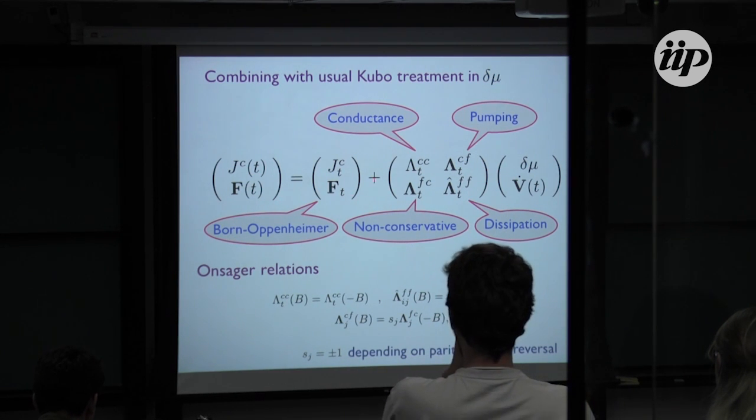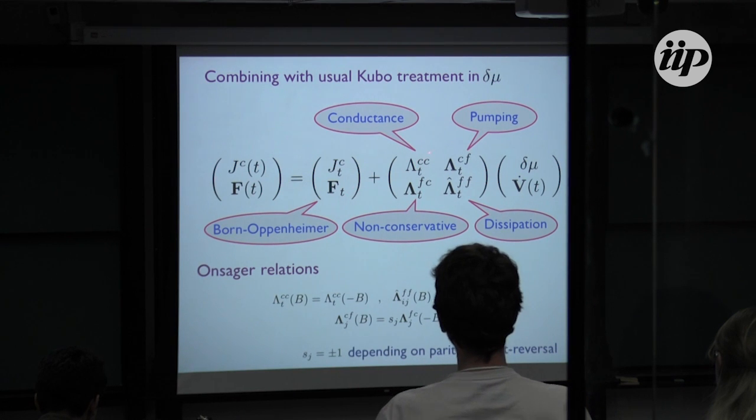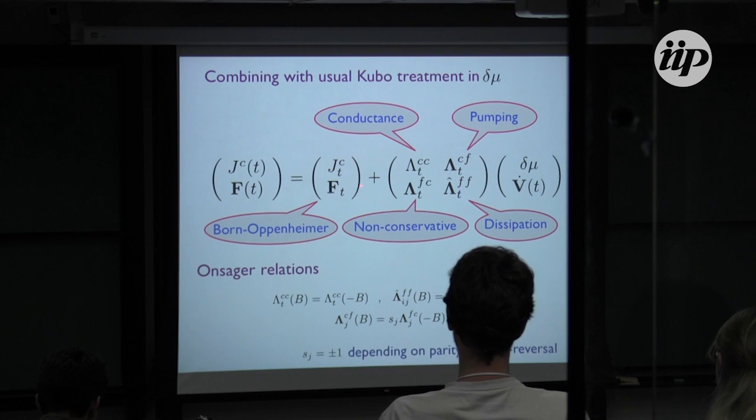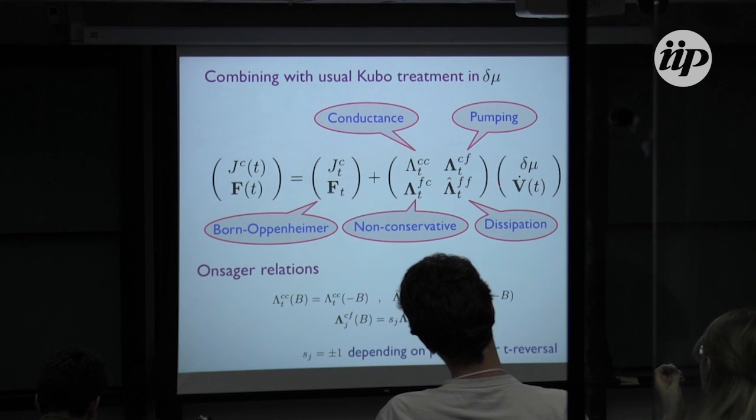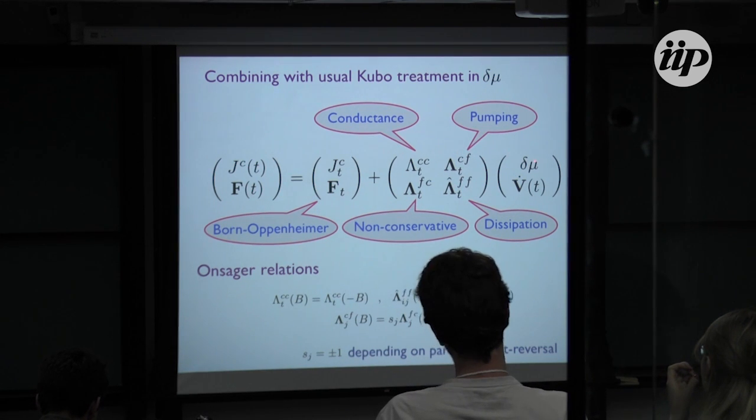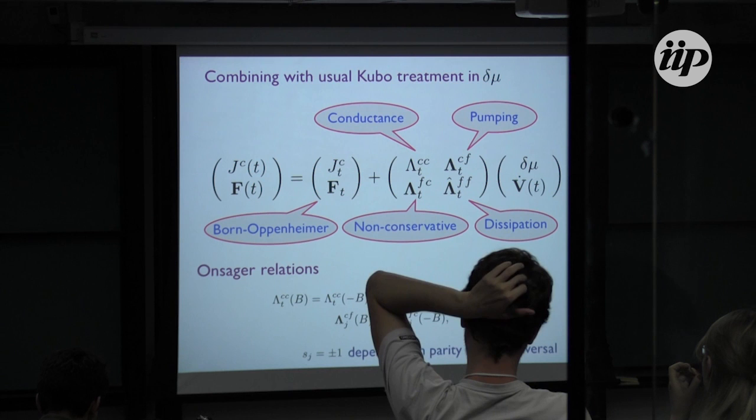This will have some components which correspond to the frozen contribution. This is what we usually call the Born-Oppenheimer contribution, plus some additional contribution which is now linear in delta mu and v dot.